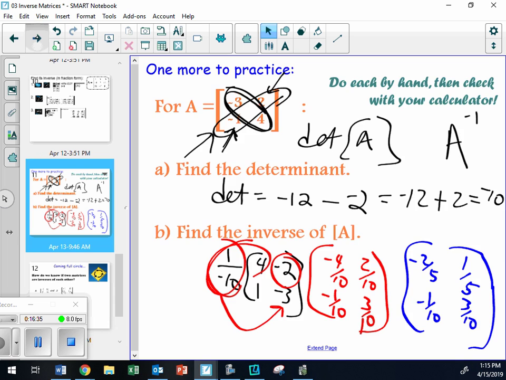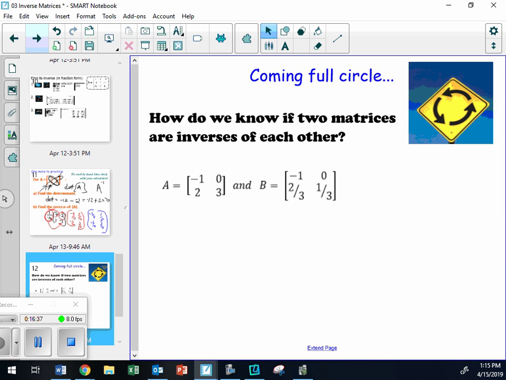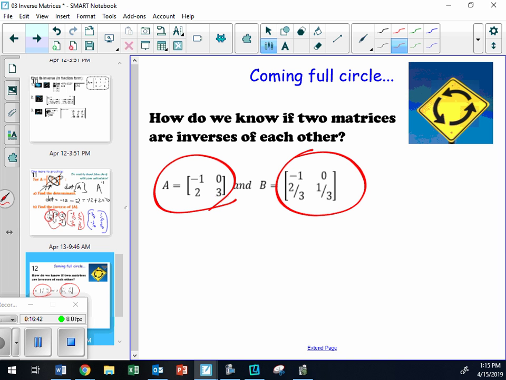All right. And then the last thought is, if this and this multiply out, which they will, and I'm going to save you some time. Let's say that they come out to this. What do you think that means?